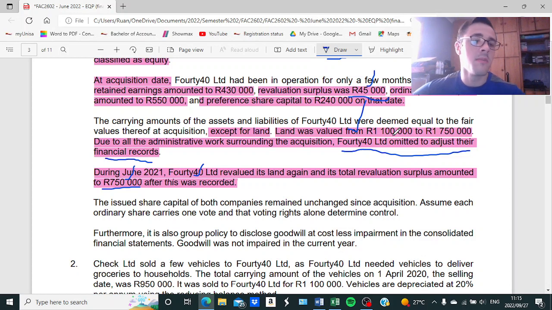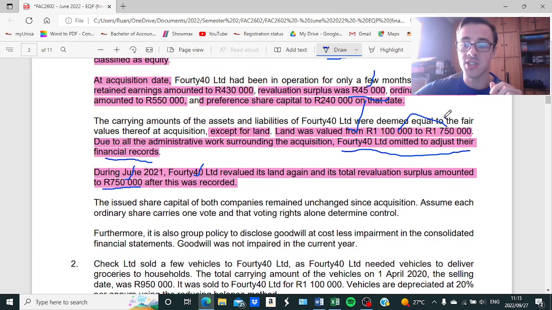My argument was that the revaluation surplus of 45 was recorded in 4040 Limited's records, and the 750 only includes those amounts that have actually been recorded. And then they gave you this adjustment right here, which was not recorded at acquisition.